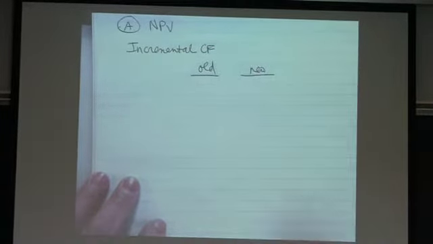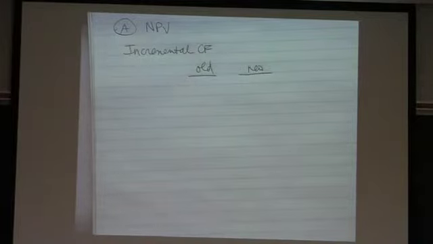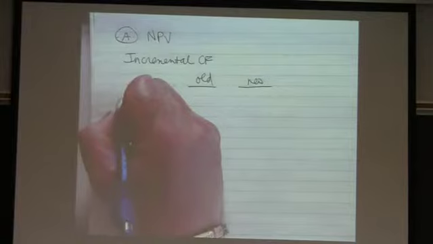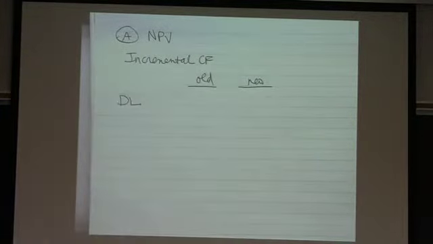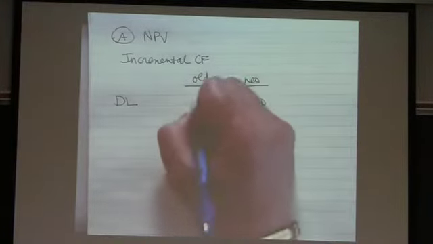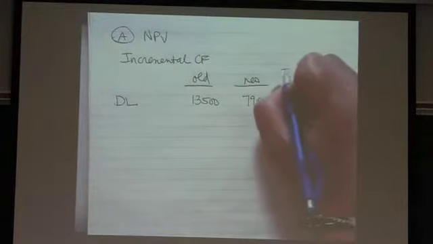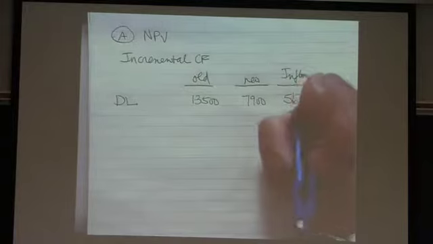And remember, we're always looking at it from the point of view of what would be the impact if we move to the new machinery. So the cash flow, the direct labor, we saw that the new is $7,900, the old is $13,500. So there's going to be an inflow or savings of $5,600.